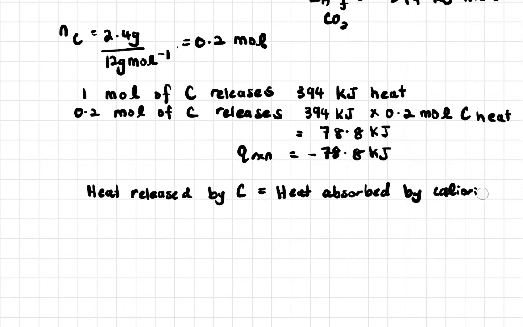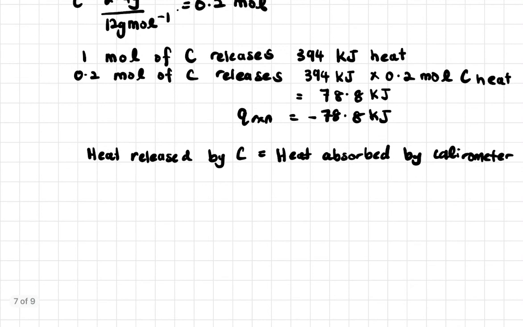Okay, so awak tengok dalam soalan tu, kalau dia bagi information pasal water, means awak kena kira juga heat absorbed by water. Tapi kalau dia tak bagi anything pasal water, that means awak cuma kena kira yang pasal untuk calorimeter sahaja. Okay, so Q reaction equals negative Q calorimeter. So Q reaction equals negative C cal delta T.